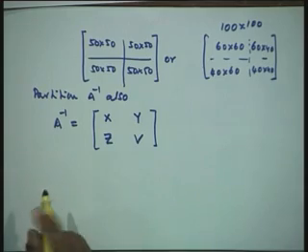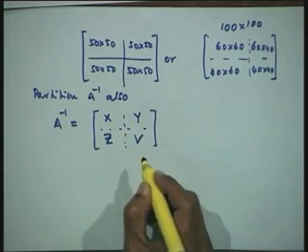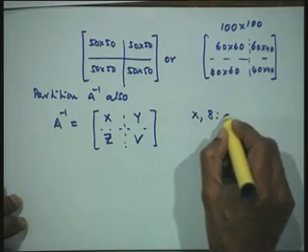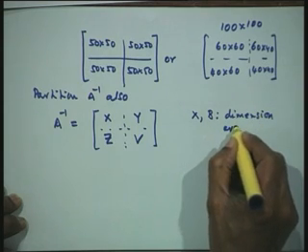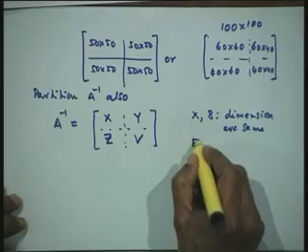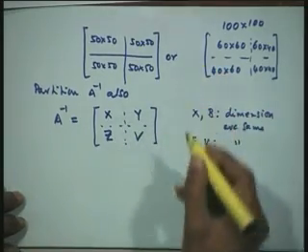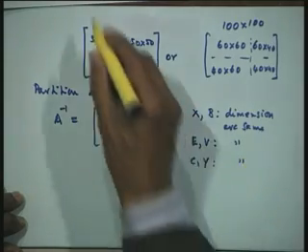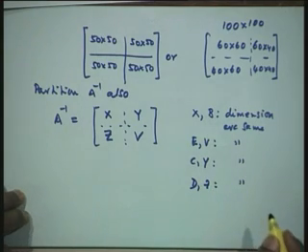Partition A inverse as x, y, z and v, so that the dimensions of x and B are the same. Similarly your E and V dimensions will be the same, and your C and Y dimensions will be the same, and D and Z dimensions will be the same.